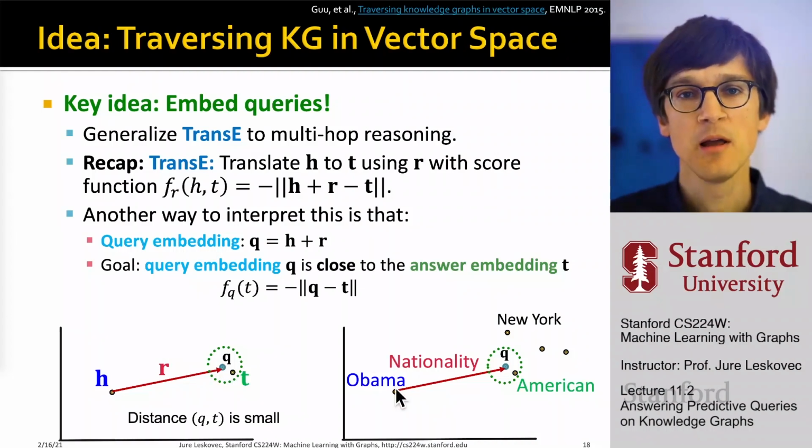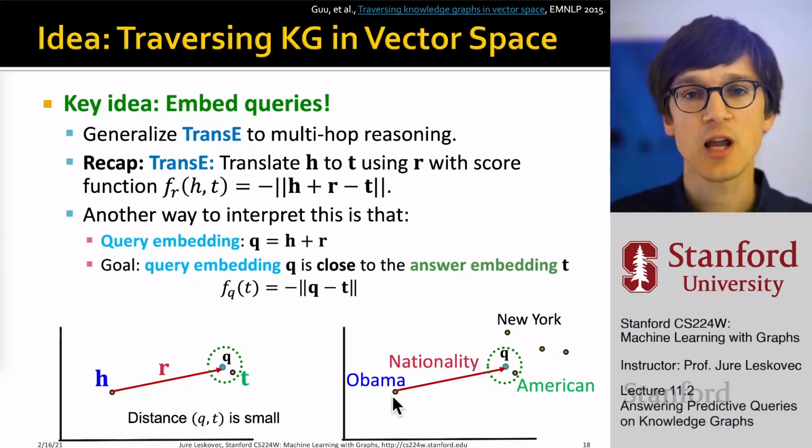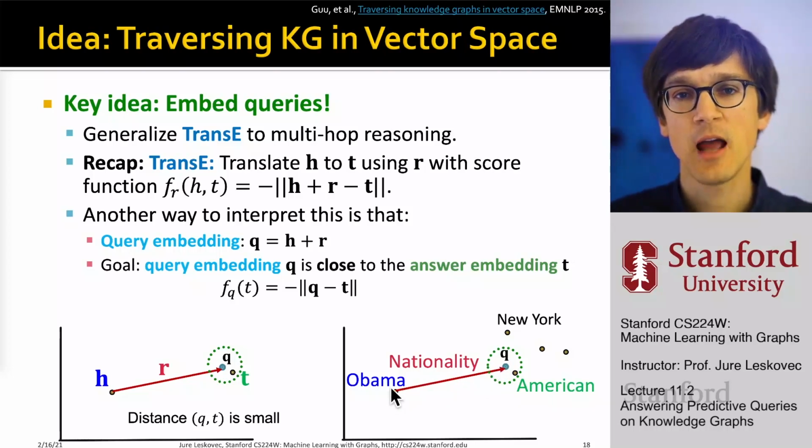For example, if I start with an entity called Barack Obama, and I want to move along the vector that corresponds to the relationship called nationality, I add H plus the vector for nationality, and I end up at this point Q. My goal is that, of course, there will be some other entities embedded in this space.